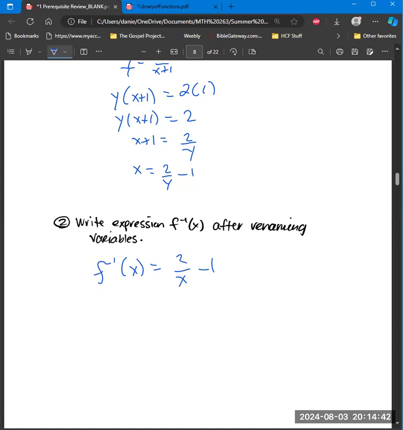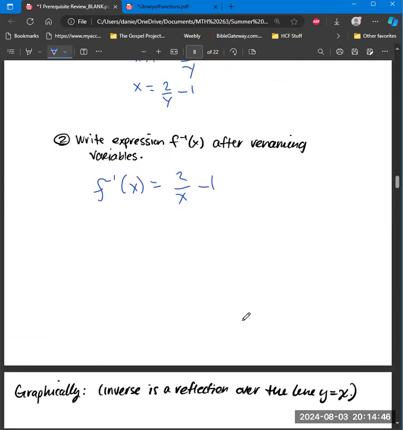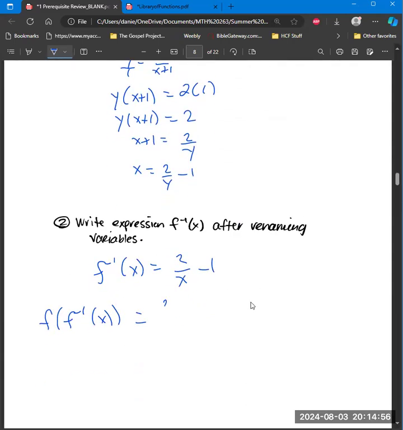And check using a composition of functions. F of f inverse of x should be 2 over (2 over x minus 1 plus 1), which is 2 over 2 over x, which is 2 over 1 times x over 2, which is x.